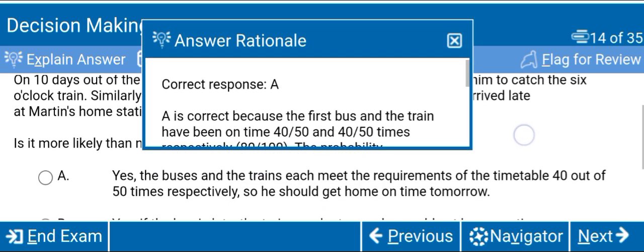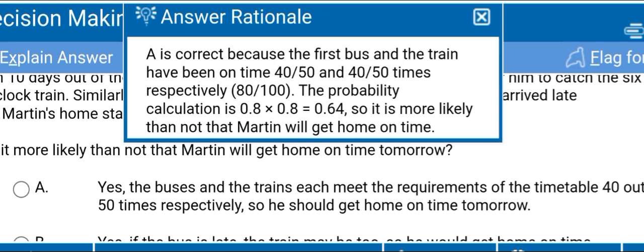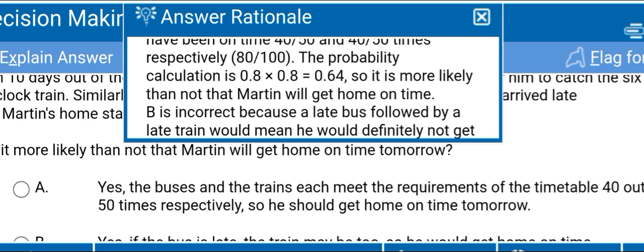Option A is correct because the first bus and the train have been on time 40 by 50 and 40 by 50 times respectively. So the probability calculation is 0.8 multiplied by 0.8 equals 0.64. So it is more likely than not that Martin will get home on time.